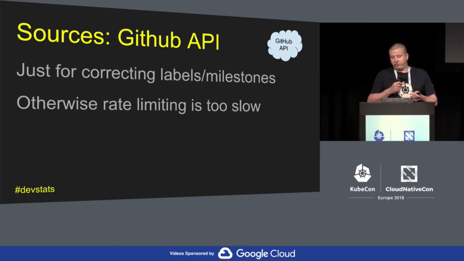For example, a few dashboards that were analyzing data for releases like 1.9 were getting the wrong state of the objects, because we would have the correct state of the labels or milestone only after the next GitHub activity, which may happen, for example, a month later. So the final state is wrong, and we use the GitHub API only to query the recently modified issues and PRs from the last 2 hours, for example, and only to get the final state of the label set and the milestone of those issues.